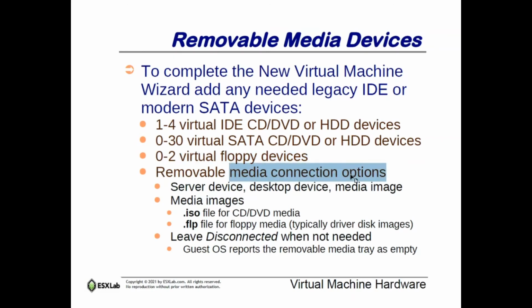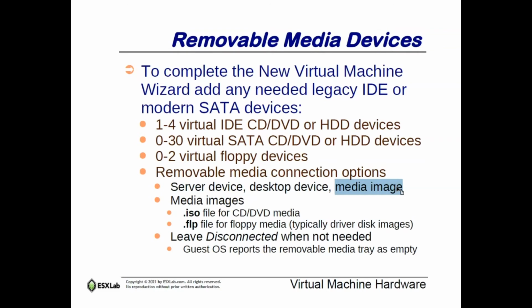What this means is if I have a removable media device like a virtual CD-DVD or a virtual floppy, what can I connect it to? I can connect it to media in the physical server CD-DVD reader or floppy. I can connect it to media in the local desktop CD-DVD reader or floppy. Or, and this is the most likely case, I can connect it directly to a media image.